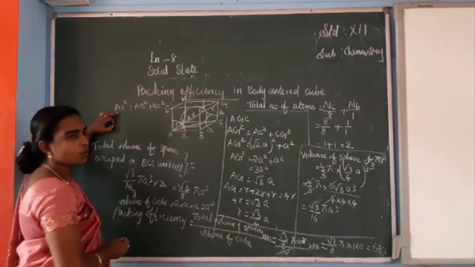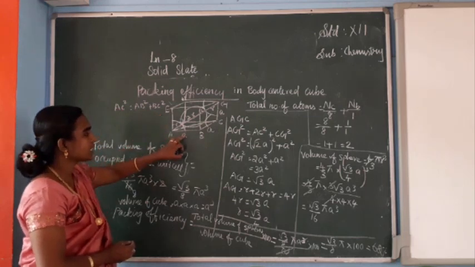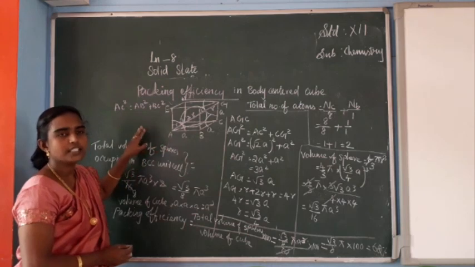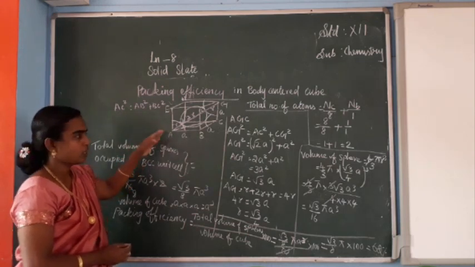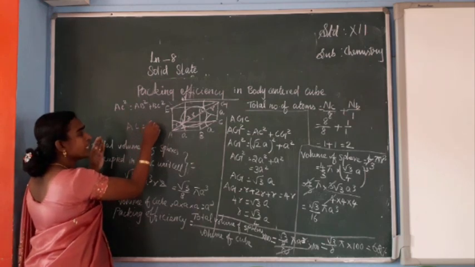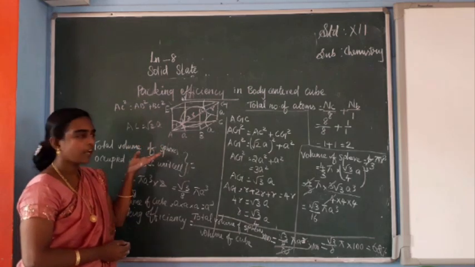So AC is equal to square root of AB square plus BC square. That is a square plus a square. You are getting 2a square, which is equal to root 2a. So you are getting the value of AC. What's the value of AC? That is root 2a.